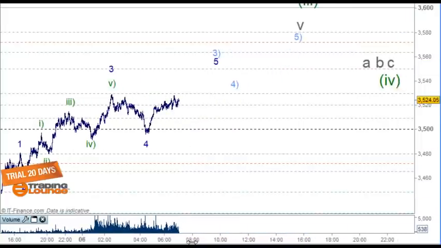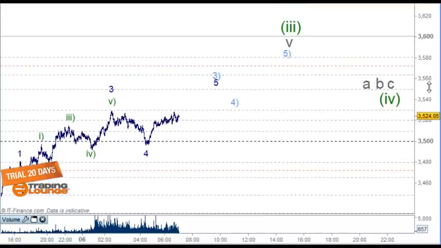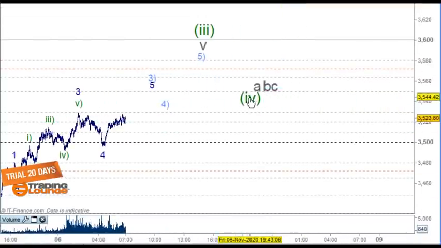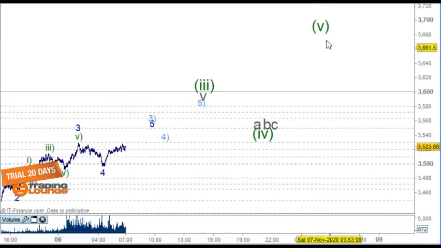And then wave 5 coming in closer to the 3600 area, and then we'll go into an ABC for wave 4, and then push up into wave 5 here at this point.